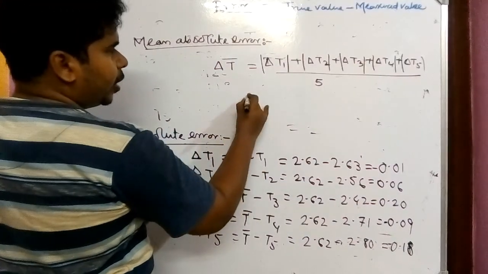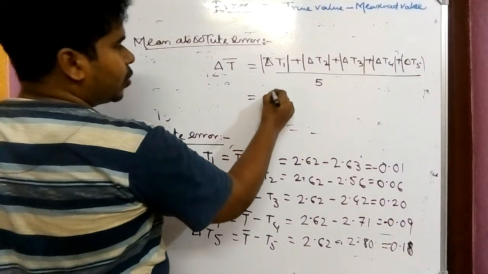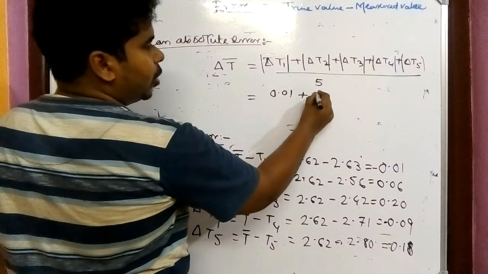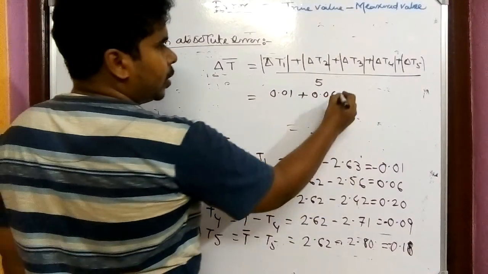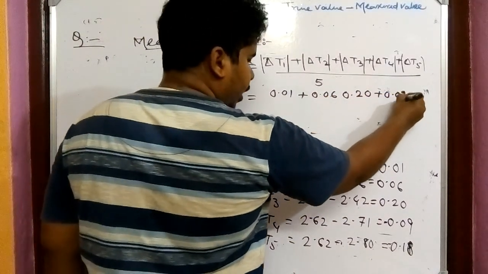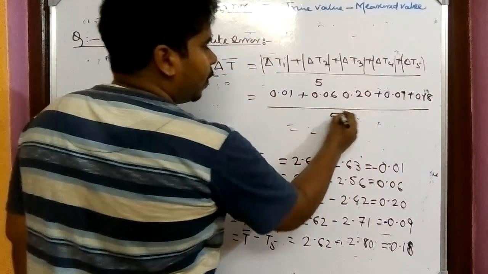If I take the magnitude, delta T1 is minus 0.01, so we take 0.01 only, the magnitude, plus 0.06 plus 0.20 plus 0.09 plus 0.18, divided by 5.